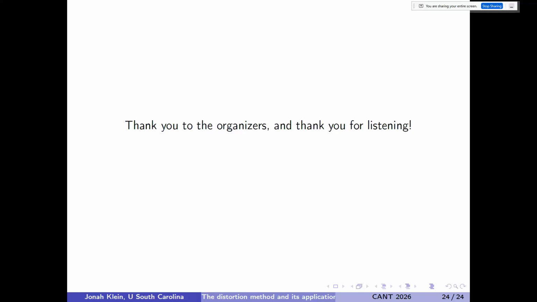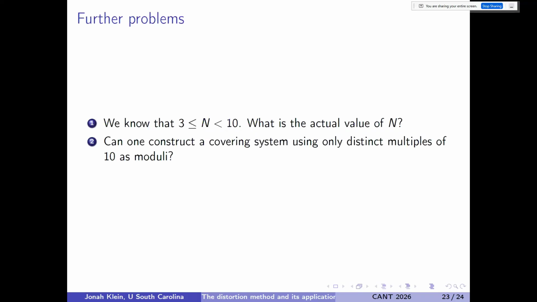Is this problem on the last slide substantially different from asking for a system of congruence classes with distinct moduli where every integer is in at least n of them? So it's easier to construct what you're saying, I guess.